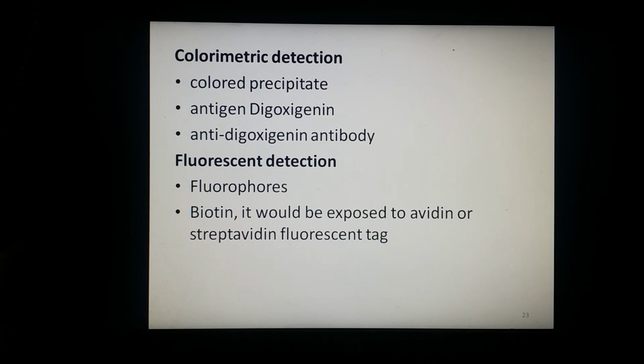So this is how fluorescent detection works, and this emission of light is detected by the X-ray method.